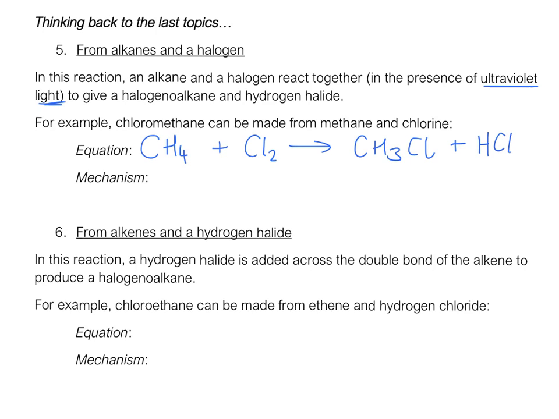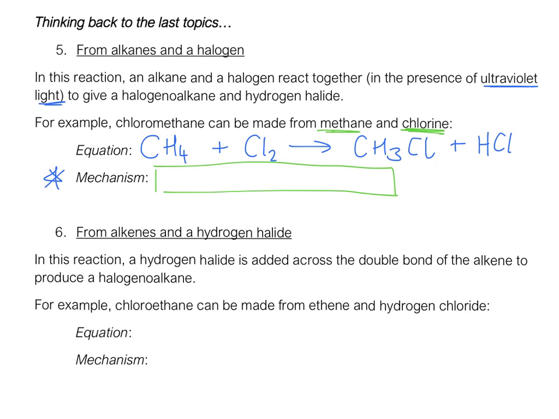Okay, and the mechanism, I want you to think, what is the name of the mechanism that we use to get chloromethane from methane and chlorine? So I want you to have a think about what the mechanism is and fill it in here, and then I'll check that with you on Monday.